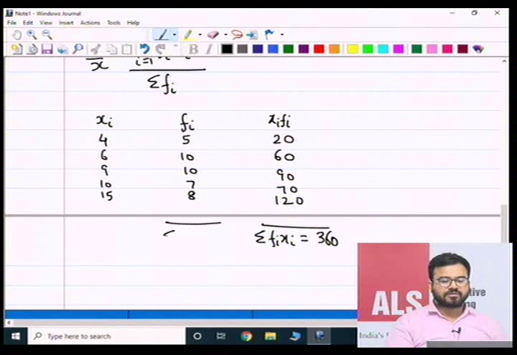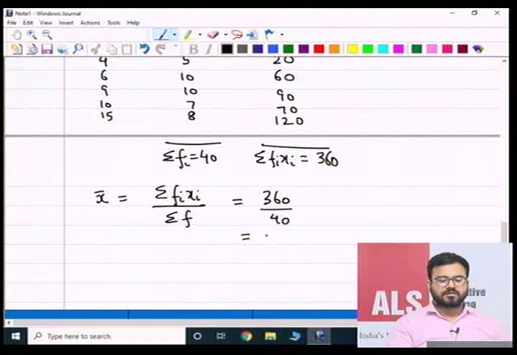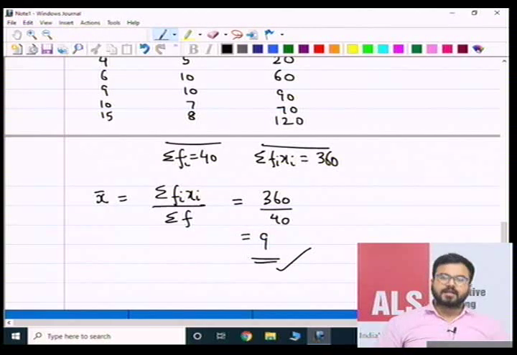And the summation of all the frequencies, how many total students there are: 10 plus 10 is 20, then 25, 33, and 7, 40. Total students are 40, total marks are 360. So mean is given by sigma fi xi over sigma fi, which is 360 over 40, and that is nothing but 9. So the average number of marks in the class is 9.